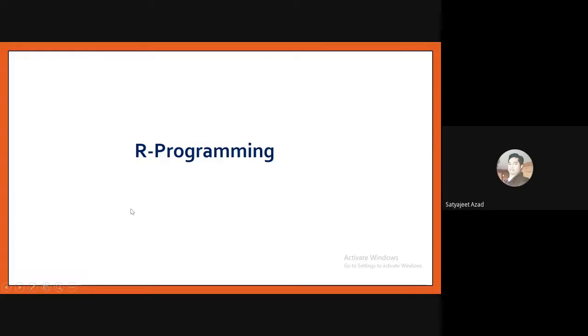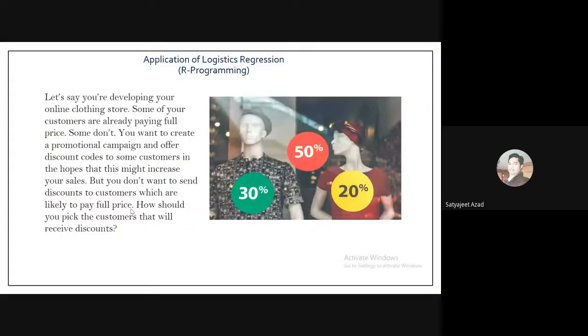Now let me show you a small exercise I have taken in R so that we can save some time. Just read this case. For example, let's say you are developing your online clothing store.